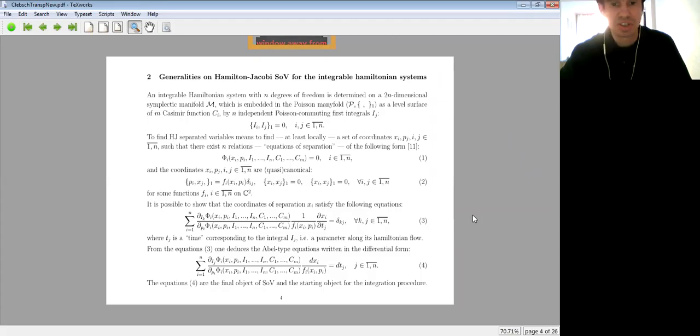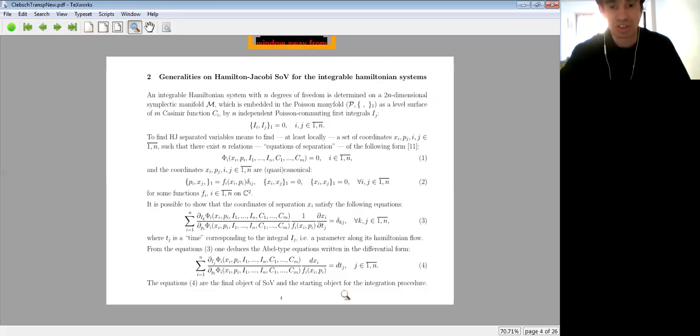Equation 3 in its turn leads to the following differential identity form, which we call Abel type equations. These Abel type equations permit us to integrate the equations of motion.